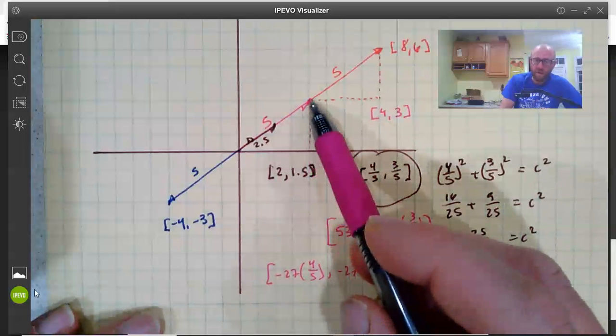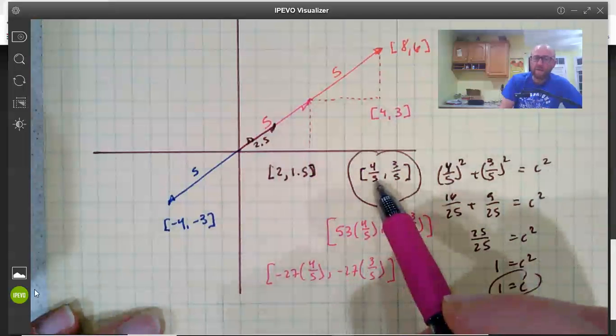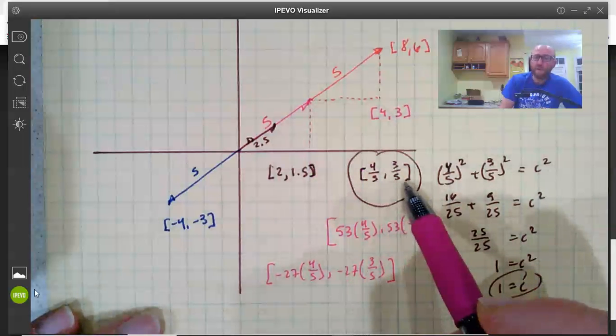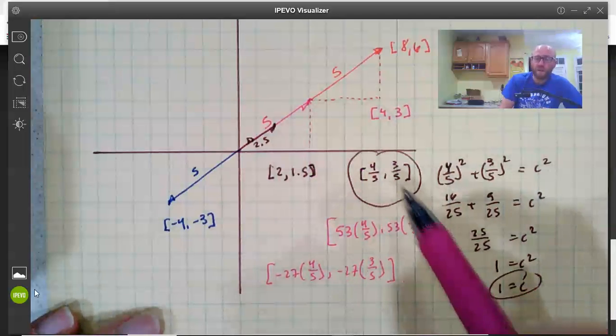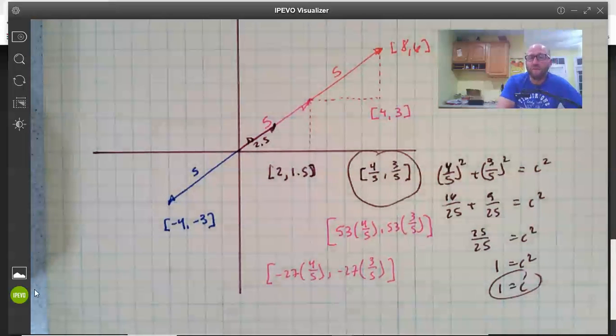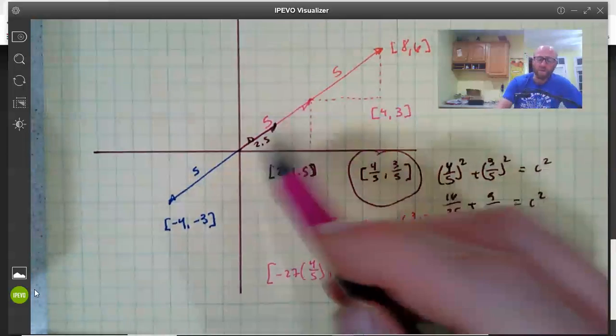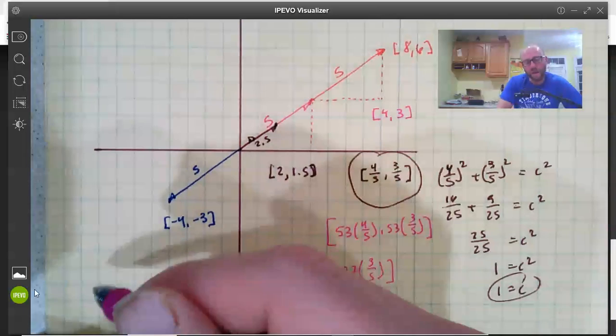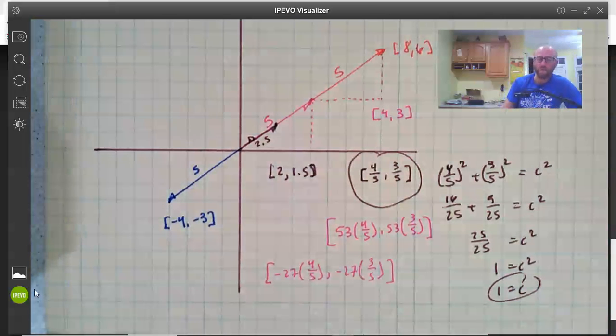So this was length 5, so I had to divide the x component by 5 and the y component by 5, and that gives me my unit vector. And then I can multiply that unit vector by whatever length I want to get a vector of any length that goes in the same direction. And if I want to go in the opposite direction, then I just multiply that unit vector by the negative of whatever length I want.